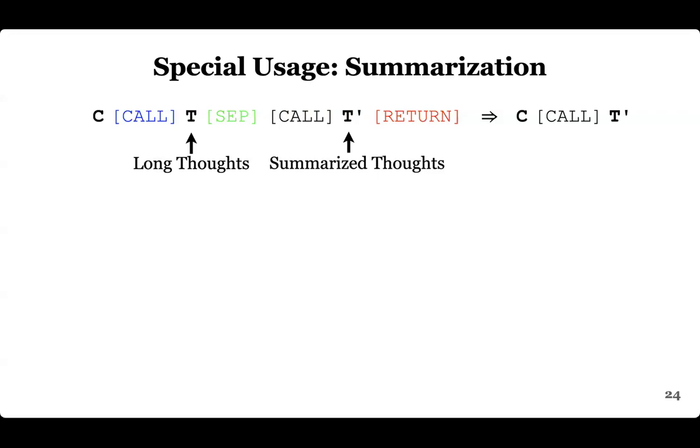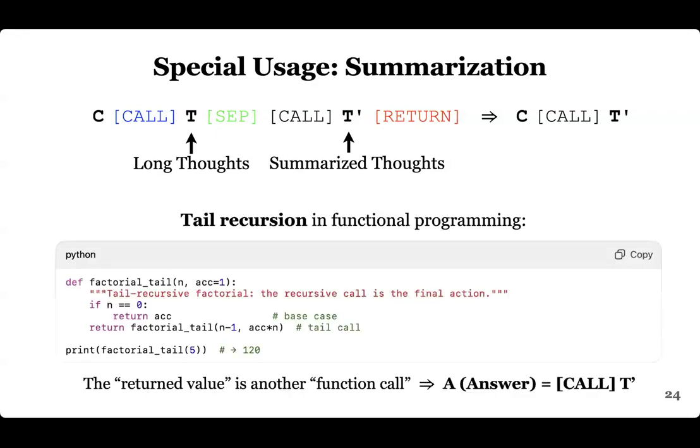Not all thinking processes in these long thoughts are useful, so we can summarize the previous thinking process into summarized thoughts, which is T prime here. This triggers the reduction rule and only keeps the new summarized thoughts. This is inspired by tail recursion in functional programming.